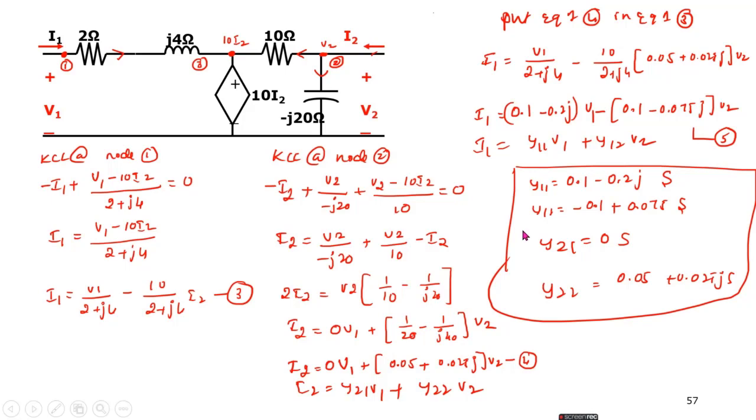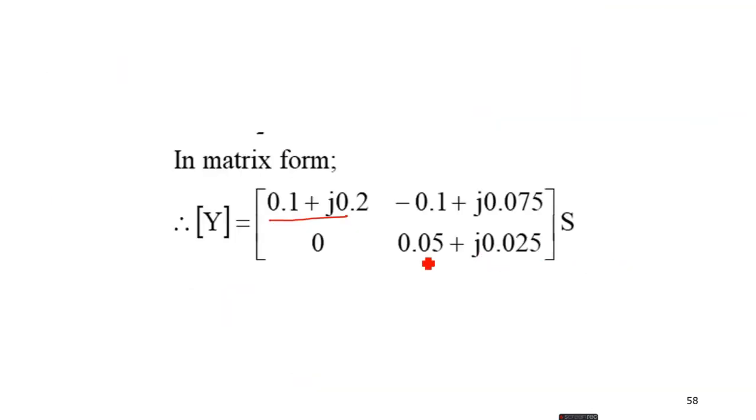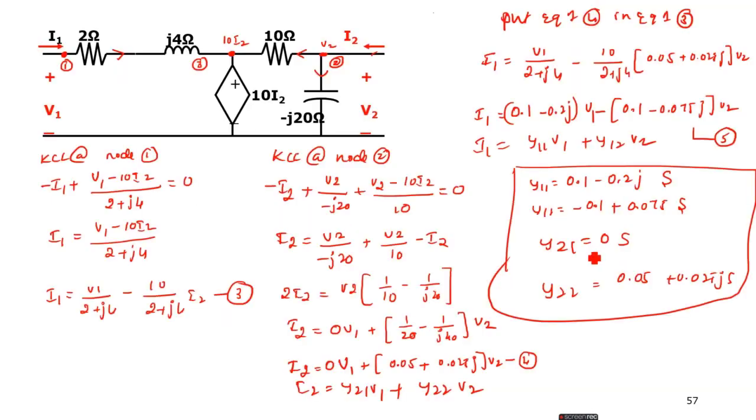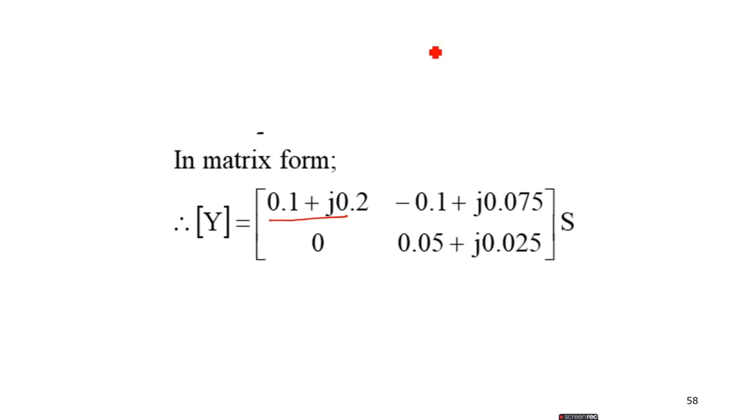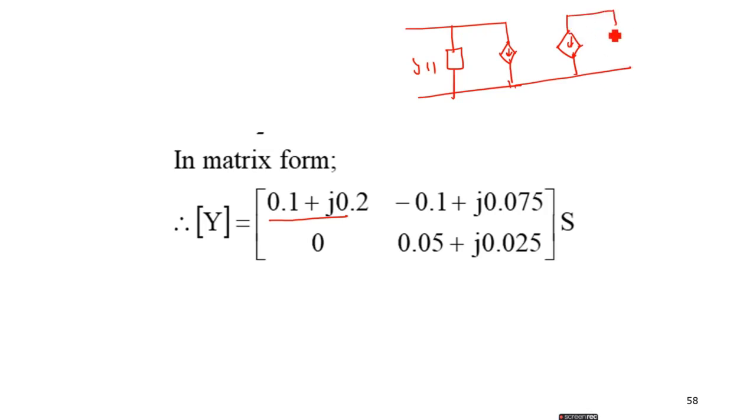Let us represent this in terms of a matrix, right? Okay, so finally write the equivalent circuit. Here you should write admittance, and here you should write the voltage dependent current source, and here it is admittance.